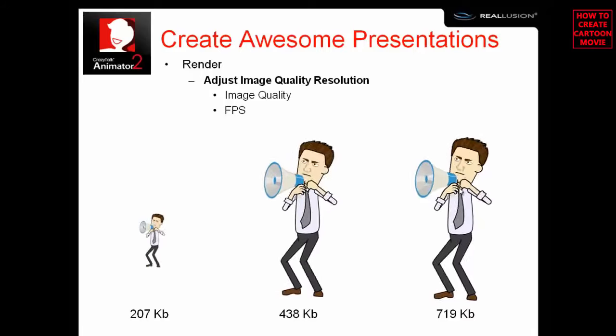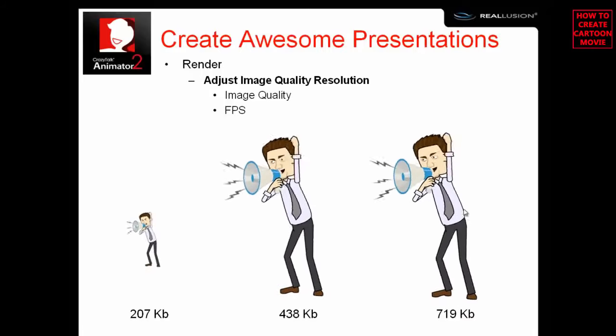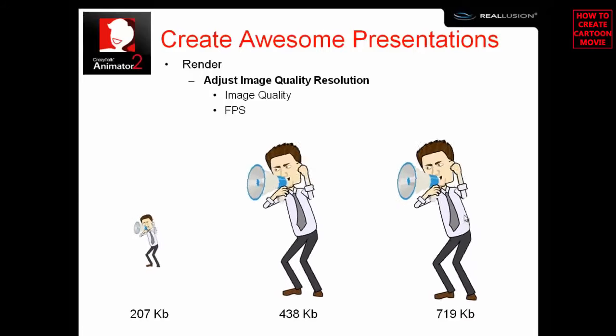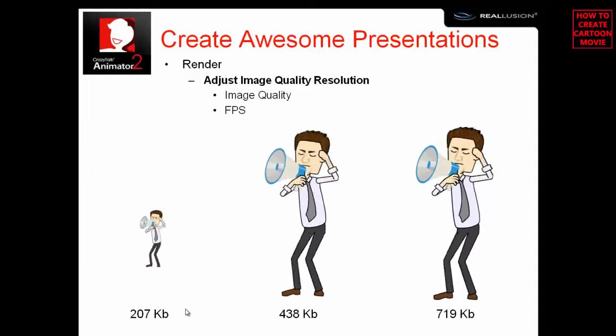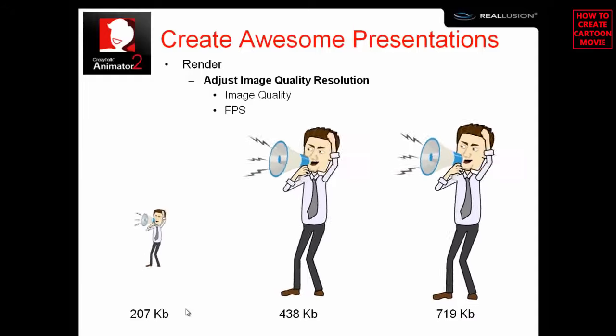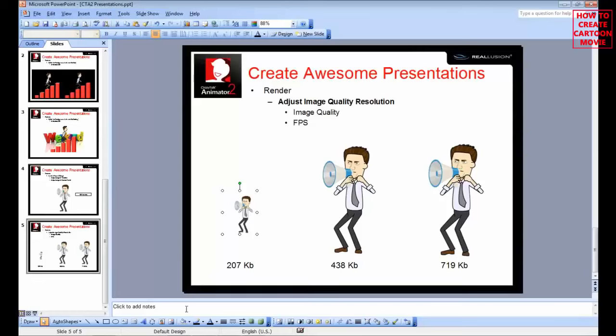If I want the entire full slide, then I could consider the higher quality one. But always keep in mind the sizes of those files, because that can really blow up your presentation. Great. So that's it for this tutorial on how to capture PNG and animated GIFs for PowerPoint and Keynote.